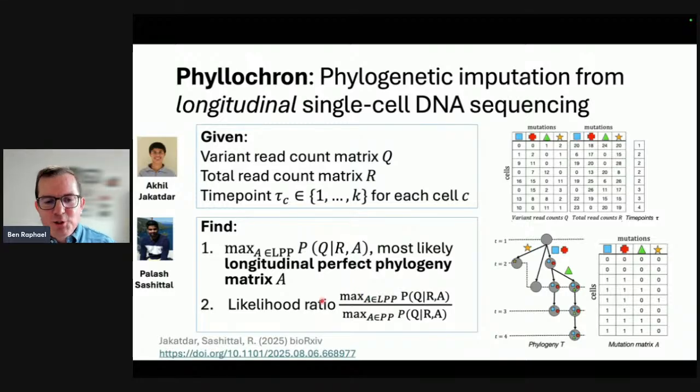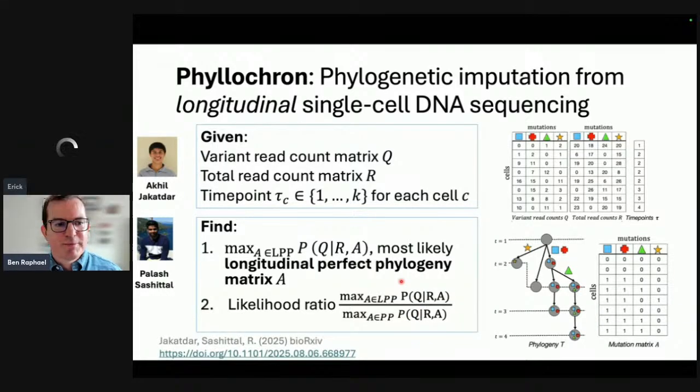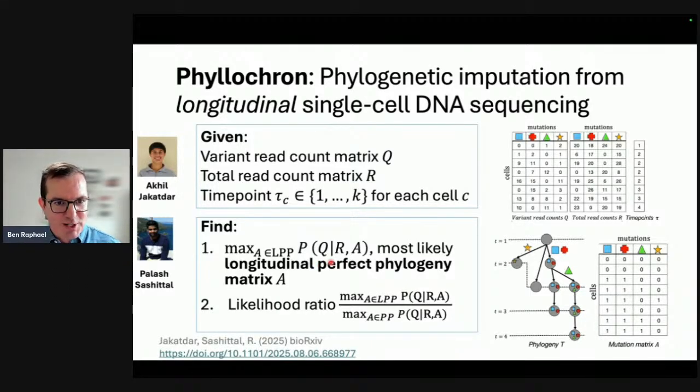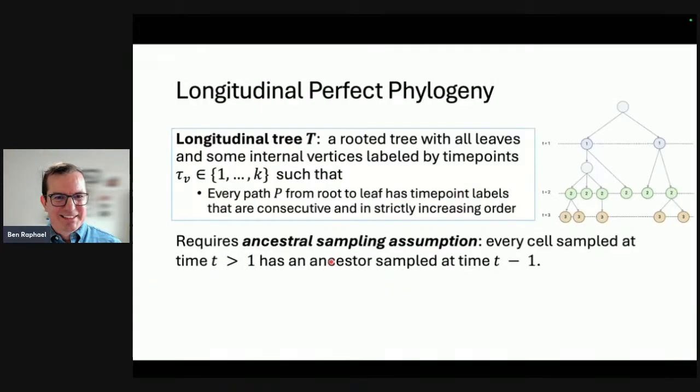And then we'd like to do a test to ask, what's the most likely longitudinal perfect phylogeny versus the most likely perfect phylogeny, to see what is the support for this longitudinal assumption. All right, so this requires that we define this longitudinal perfect phylogeny. So this was the question that was being asked.